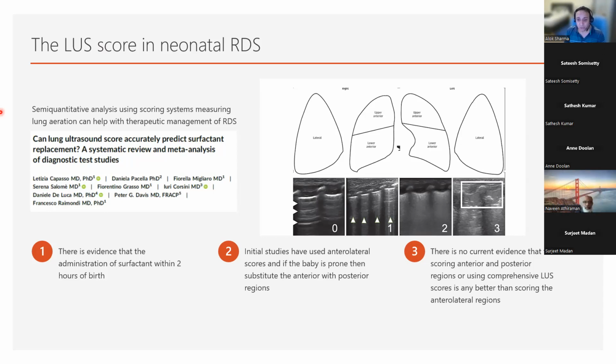A rising FiO2 has been used as a marker of worsening respiratory distress. But we must realize that a rising FiO2 can be caused by a pneumothorax, it can be caused by elevated pulmonary pressures, and it can be caused by infection. So it is not a specific marker that quantifies severity of RDS alone.